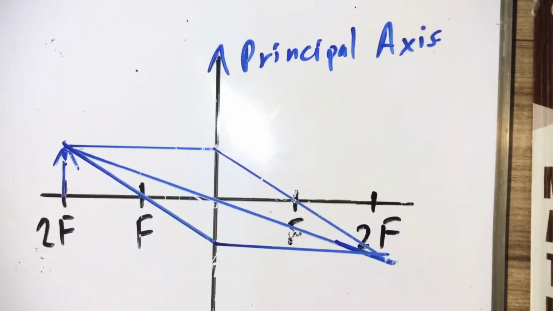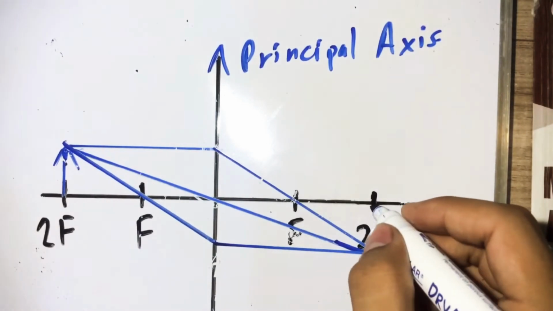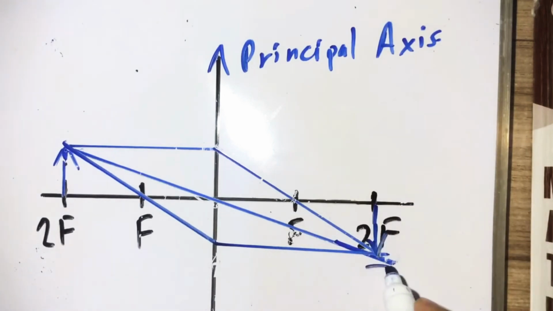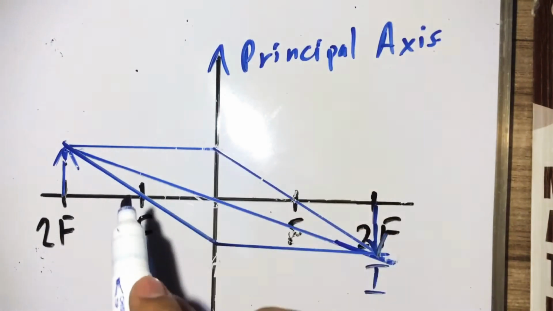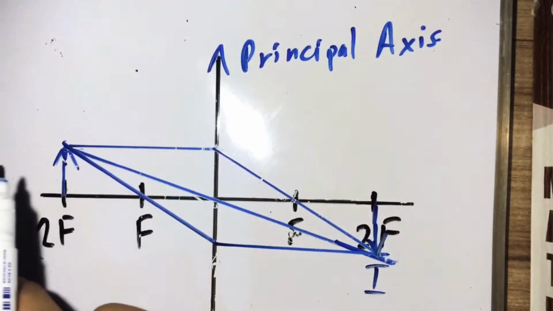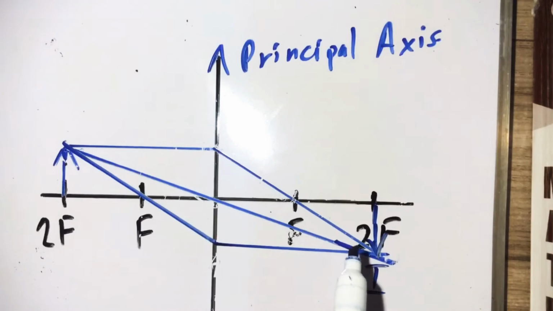All of the three rays meet at the same point, and here the image is formed. So we will be using the first two types of rays, the one that goes to the optical center and the one that travels parallel first and then passes through the focal point.